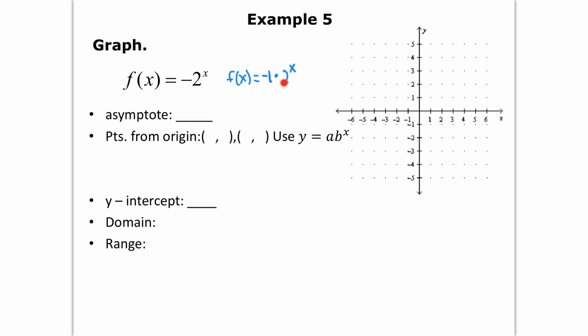So my base is actually 2, not -2. And that's where students get confused because when they see the negative, they say, oh, -2 is less than 1. Well, no, you guys need to understand the negative is for the a value, -1. My base is the number with the exponent, it's just a number, ignore the sign. And the number in this case is 2. That's going to be greater than 1.